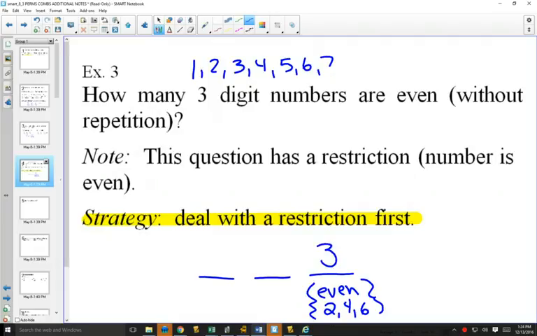So this is the first number we would put into our spaces. Now, there's no restrictions on the other 2 digits. How many choices do I have for my first digit? 6. There was 7 to begin with, but you've used up either a 2, a 4, or a 6. And then, how many choices for the middle digit? 5. This gives us 90 in total.